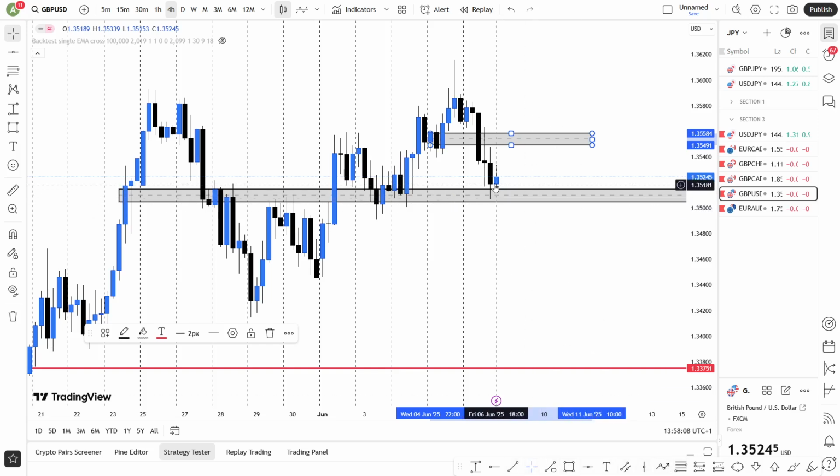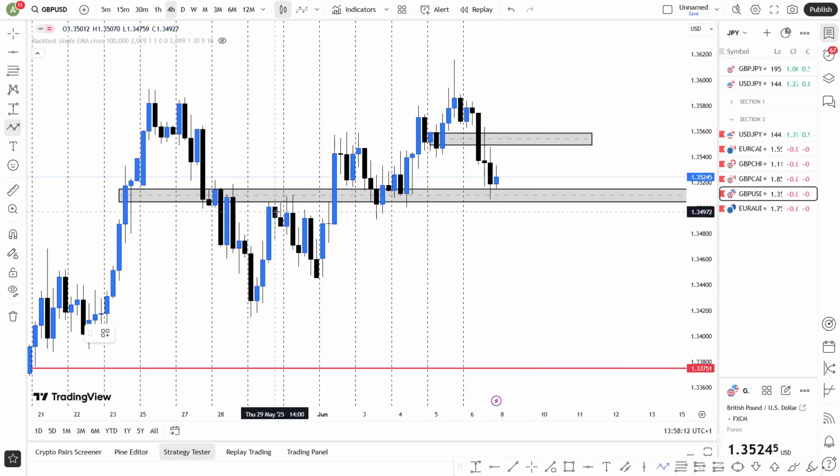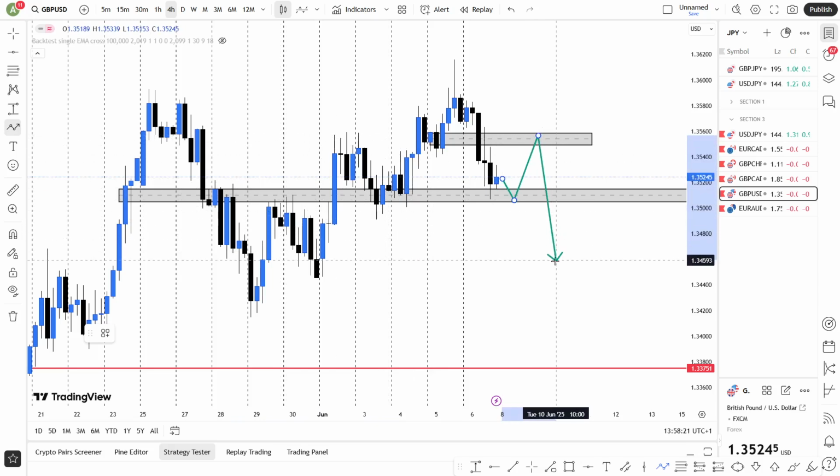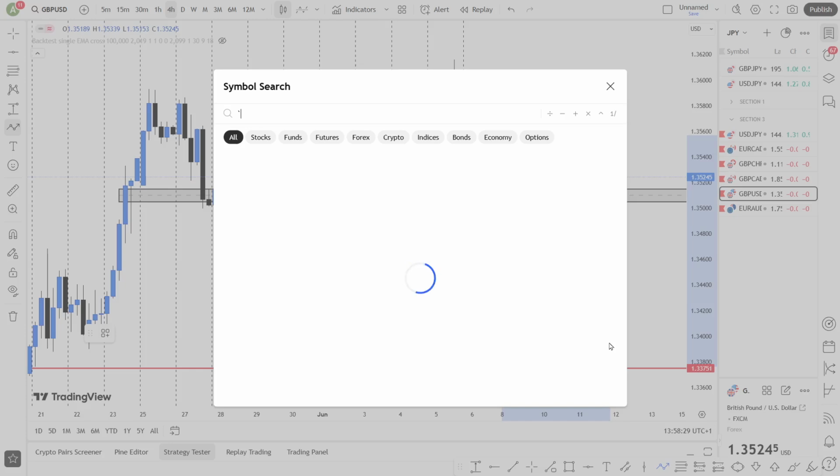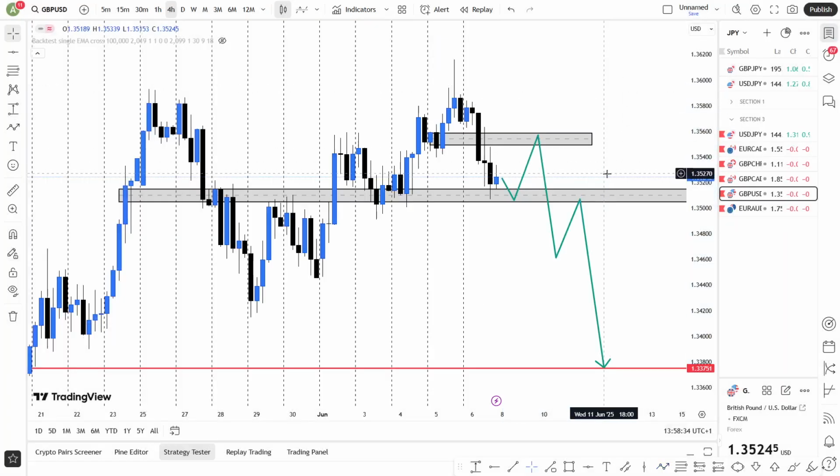Price might bounce from this level of strong support to resistance. Can you see this is a strong point? Price might come back to this point, then you might see a break here, then continuation to the downside. So that is what we are looking for in price for next week.